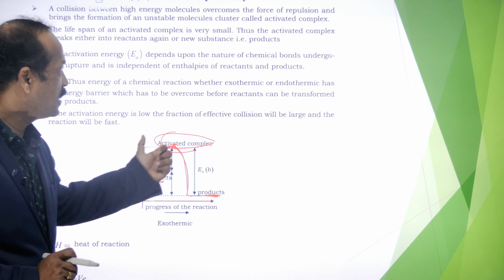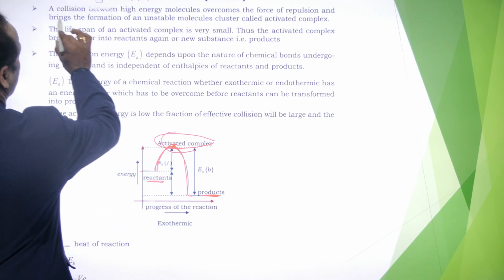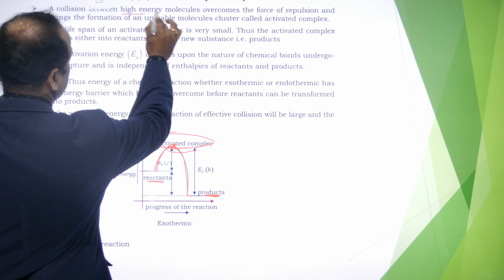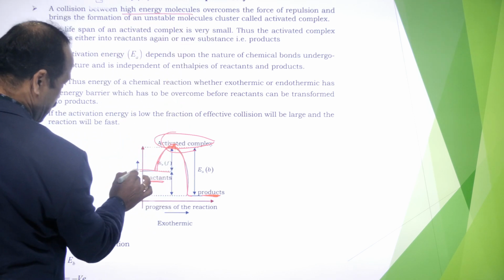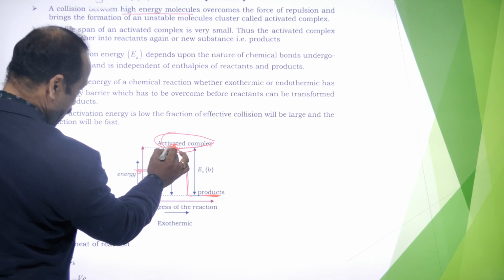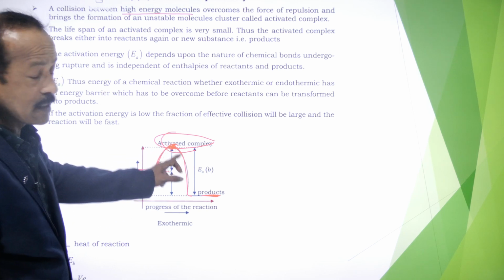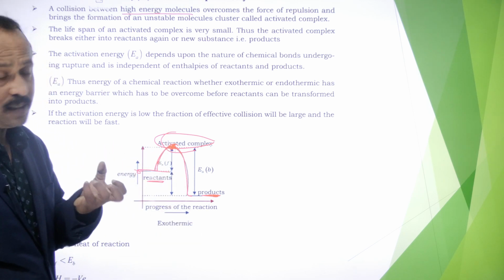So this activated complex is formed by a collision between high energy molecules. You can see in the graph this is at a high energy. Here at this place, the molecules possess the highest energy.